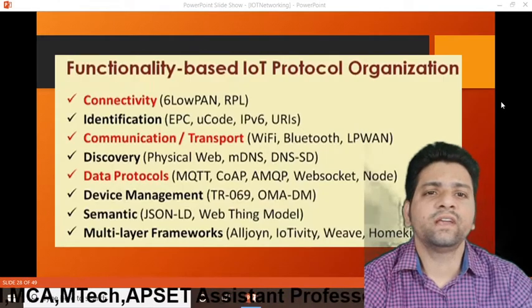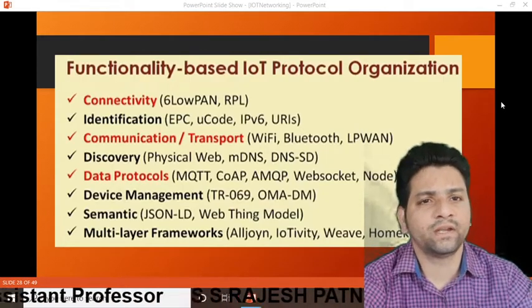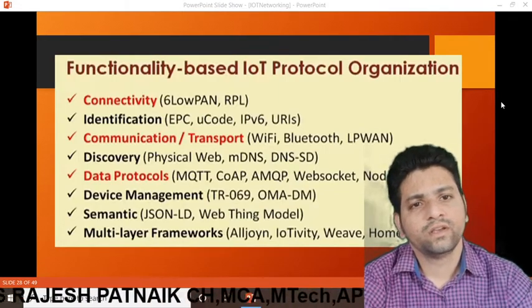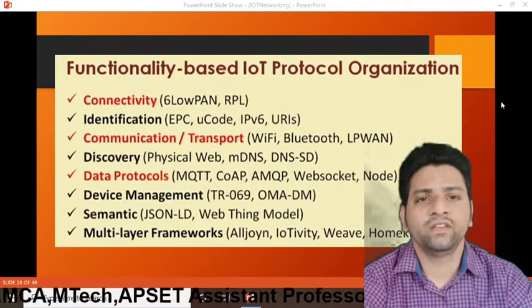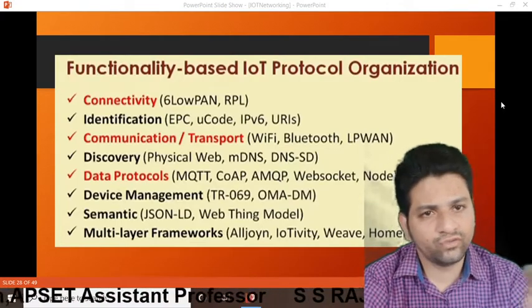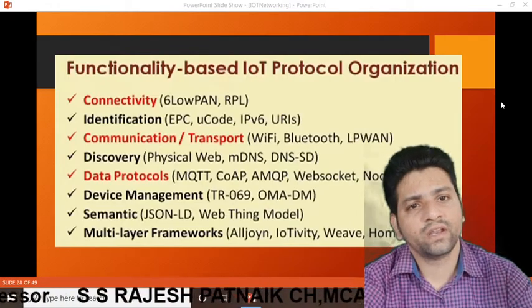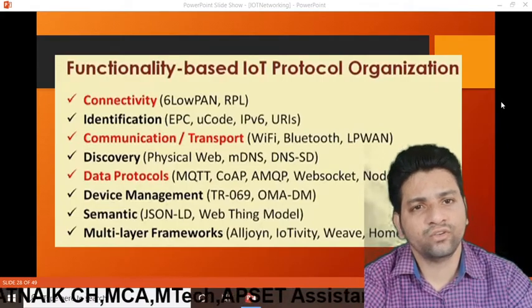EPC is the electronic product code, applicable when we are using different heterogeneous networks. But uCode is another identification protocol which is used to identify a particular device universally. Anywhere a particular device is, you can easily identify it using uCode.